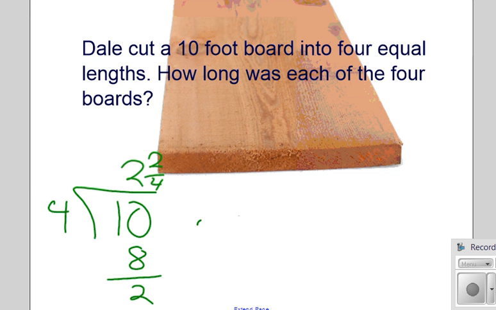If I simplify this, I get 2.5. Here's an idea where I don't want to round. I have my equal groups, and it's okay to have a section that's 2.5 feet long. So in this case, we're not going to be rounding or doing anything with our fractional remainder. It's just going to be a good part of the answer.